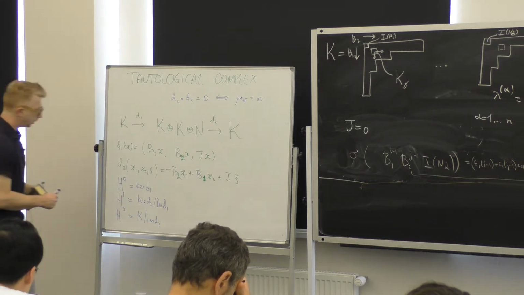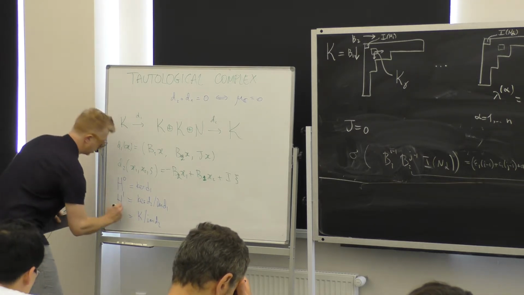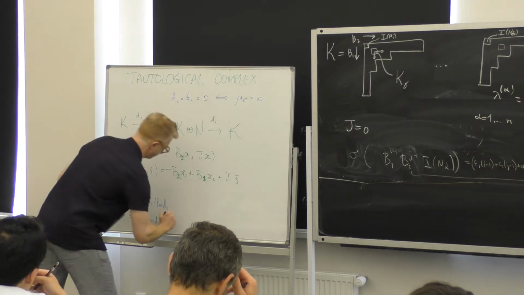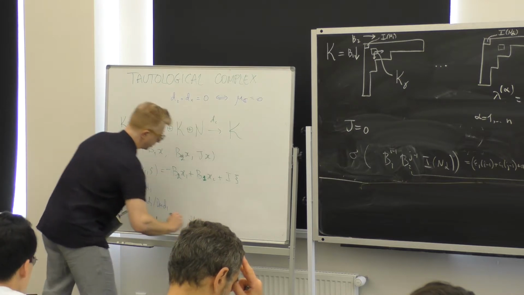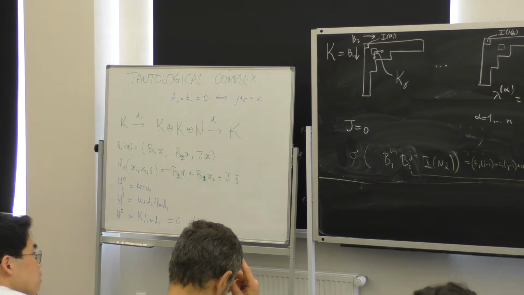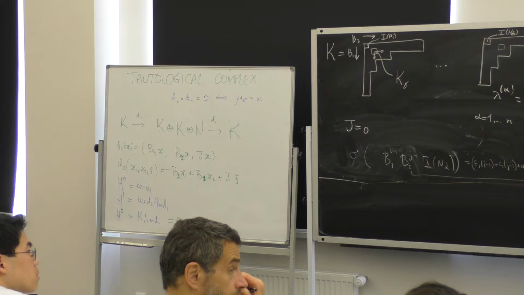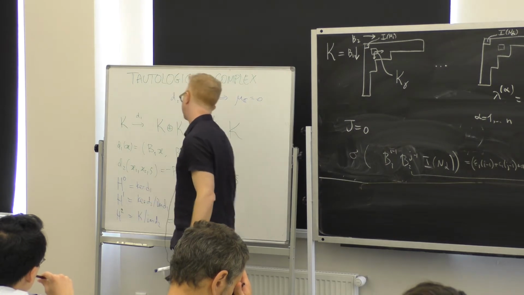So I claim that H2 is trivial thanks to stability. So okay, let me write it here. And so the homology of this complex can only be non-trivial in H0 or H1.